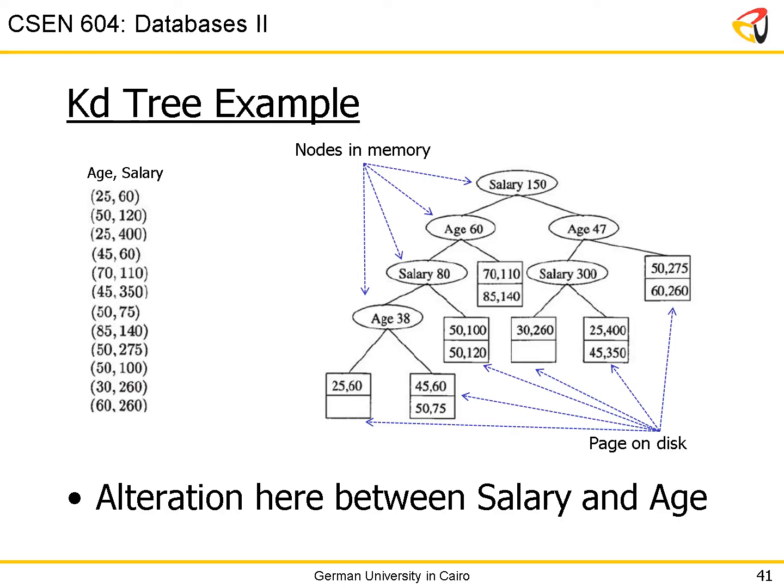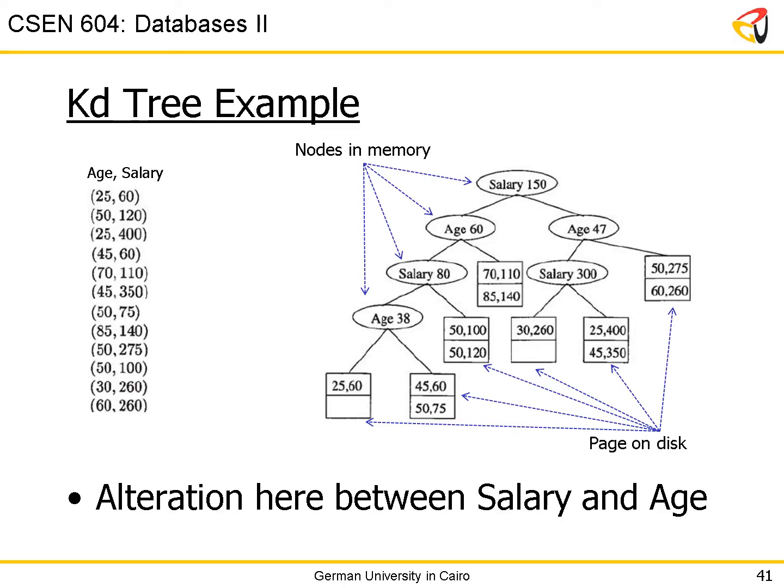So when I was inserting 70, 110, I looked at the root node and it says salary, so I will look into the salary value, and it was 110. 110 is less than 150, so I go left. And then I look at the next node and it says age, and the value is 60, and the age that was given to me in that row is 70, so I will go right. And this is why 70, 110 went into that page.